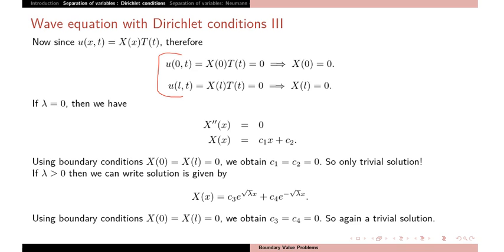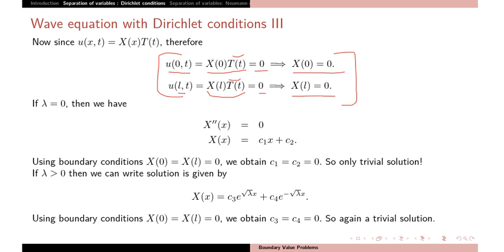So we have, when x is 0, the solution is 0, and when x is L, the solution is also 0. So X(0)T(t) equal to 0 and X(L)T(t) equal to 0, and since t is a variable and T cannot be 0, because if capital T is 0, then the solution is 0. So this means that X(0) is 0 and X(L) is 0. So X also vanishes at both boundaries.